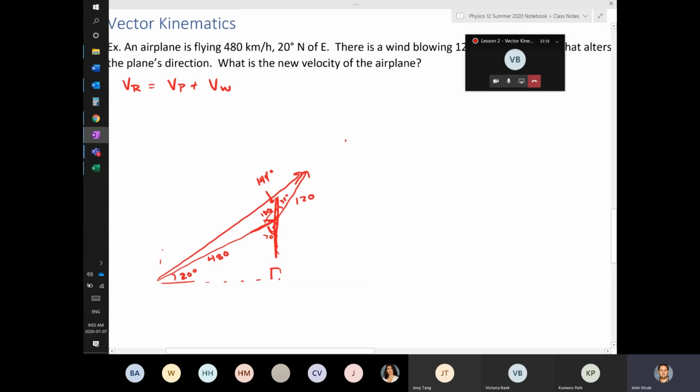So now I can say VR equals 120 squared plus 480 squared minus 2 times 120 times 480. And as with cosine law, it doesn't really matter what you mark as A and B or whatever. It'll work out regardless of how you set it.